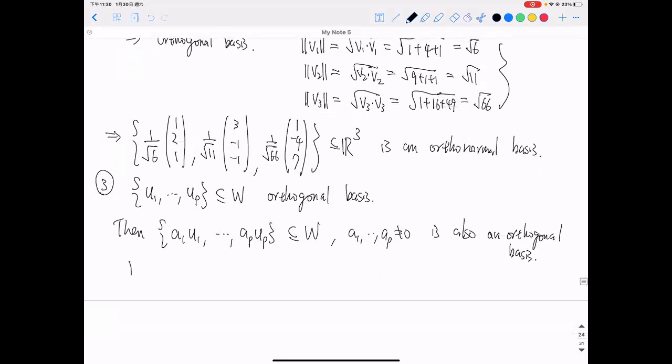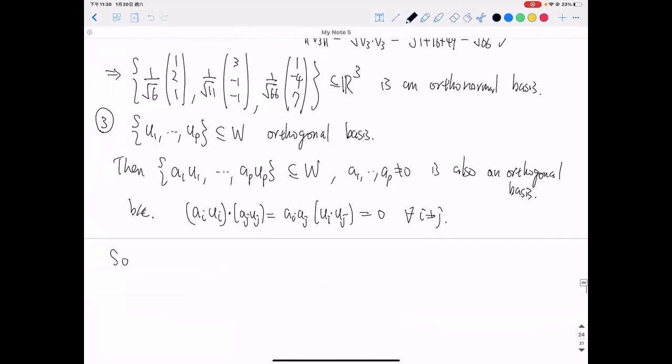That's just because a_i u_i dot a_j u_j is a_i a_j times the dot product of u_i and u_j, which is still 0 for every i not equal to j. Okay, very good.